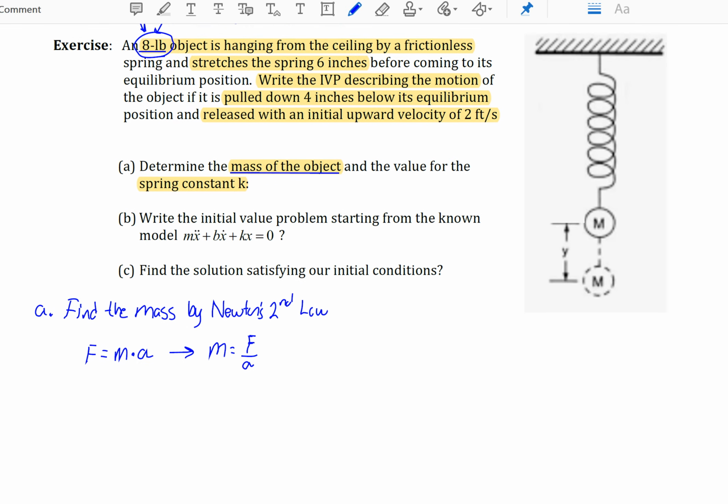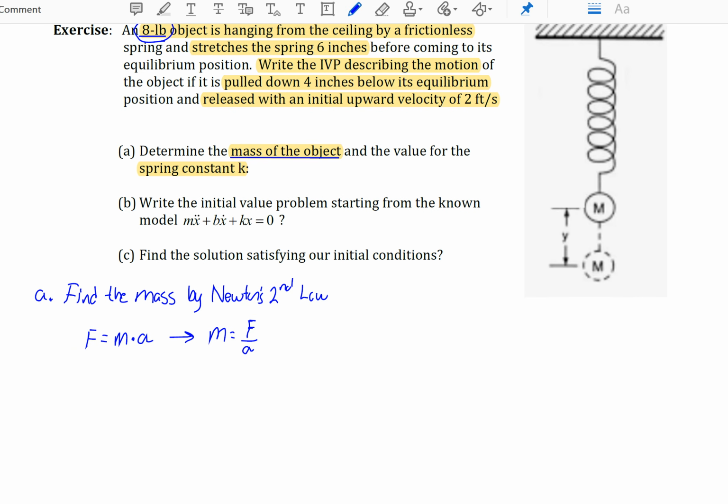So here what we have is a force of 8 pounds. And in the U.S. system, acceleration because of gravity is 32 feet per second squared. This gives us a mass of 1/4. And in the U.S. system, mass is measured in terms of slugs. So here your mass is 1/4 slugs.